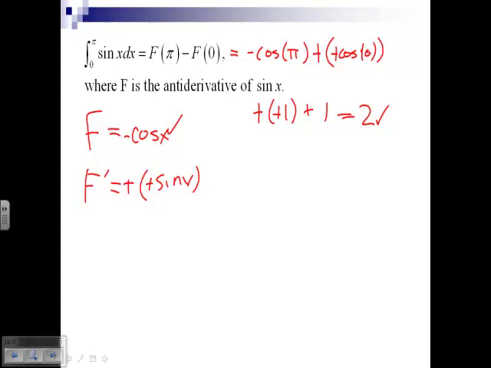After years and years, Kepler says, here's what I really think is going on, and this is what fits the data. Planets move around the sun where the sun is at one of the foci of an ellipse. That's law number 1. Law number 2, the speed of those planets changes such that the area swept between the sun and the planet is equal for equal times.